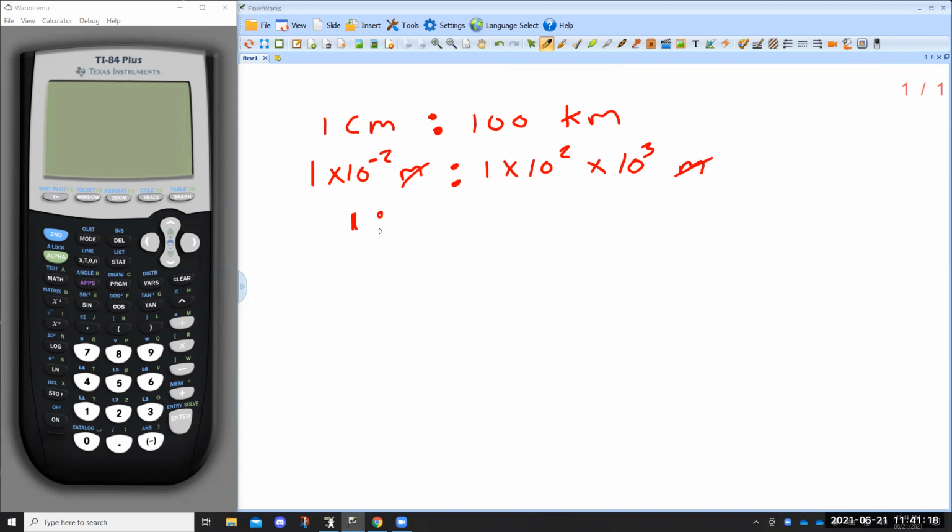So 1 is to 1 times 10 to the second times 10 to the third times another 10 to the second. It's 1 to 10 to the seventh, right?